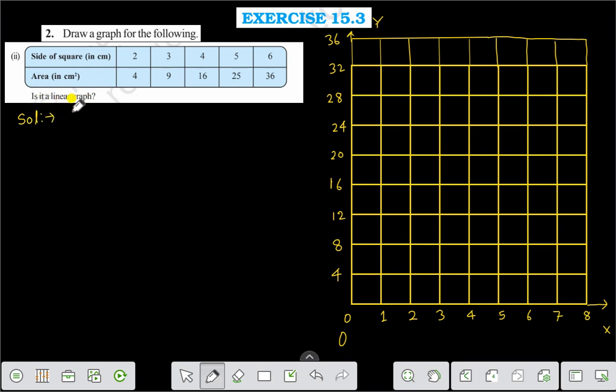For the x axis, we take a scale: 1 unit is equal to 1 centimeter.